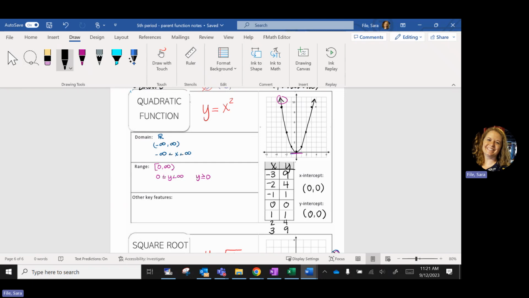That's a change in behavior of our graph. So that point at 0, 0 is a what? What's that called? A vertex. So this one does have a vertex at the origin.